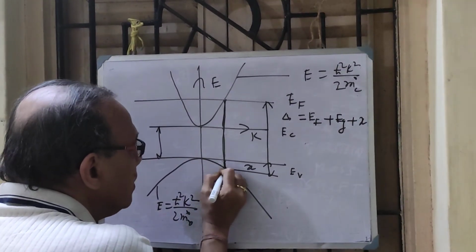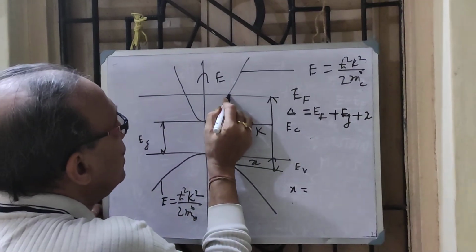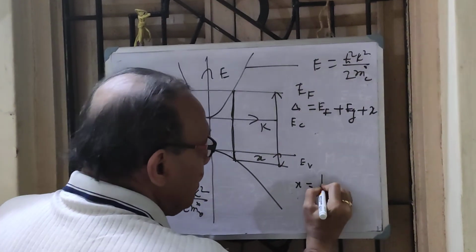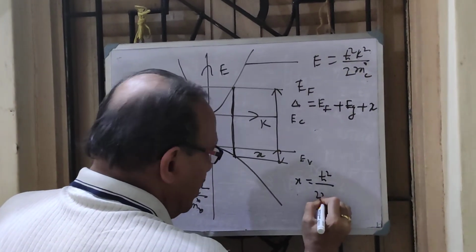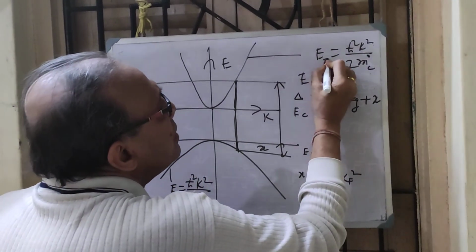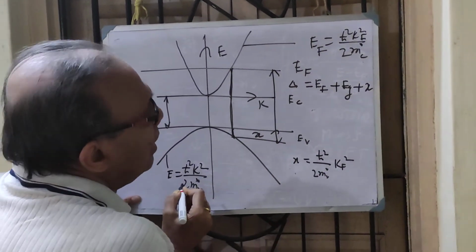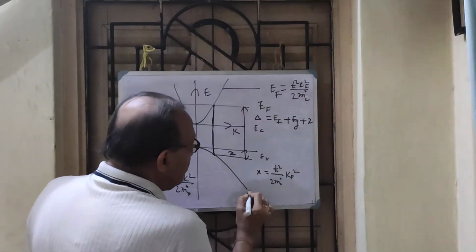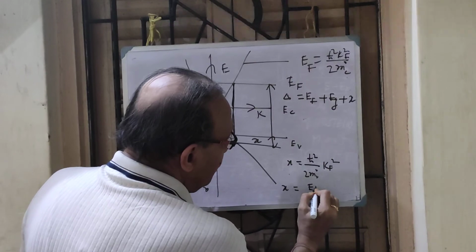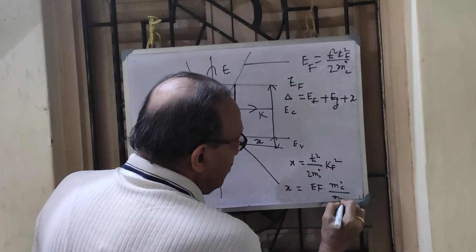This is X. X equal to, at that point, E equal to EF. Therefore, h bar square by 2 mv star into kF square. E is EF, k is kF. Therefore, h bar square kF square by 2 is nothing but EF into mc. Therefore, X is equal to EF into mc star by mv star.